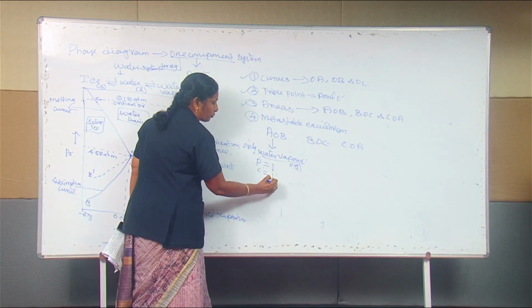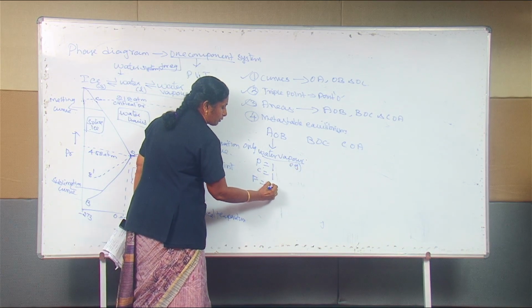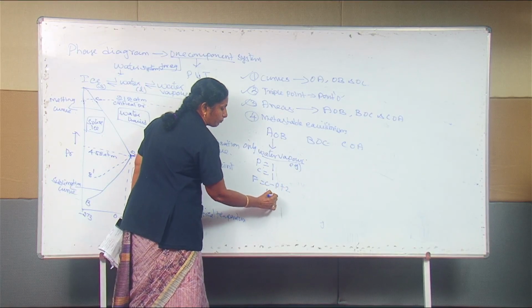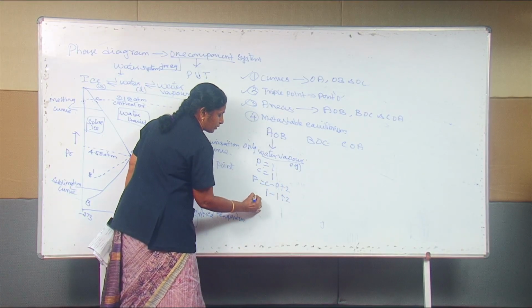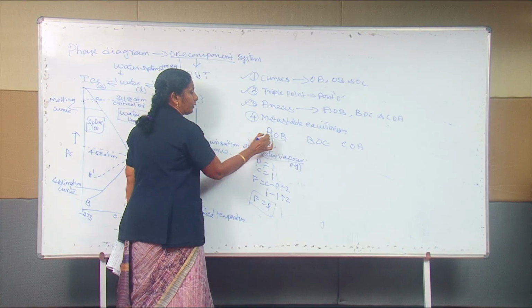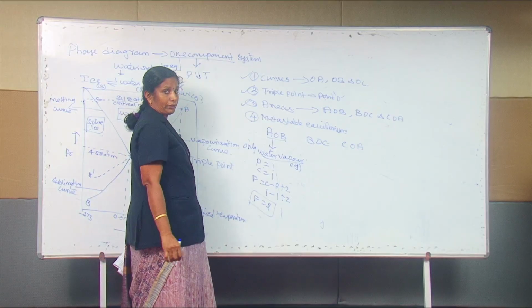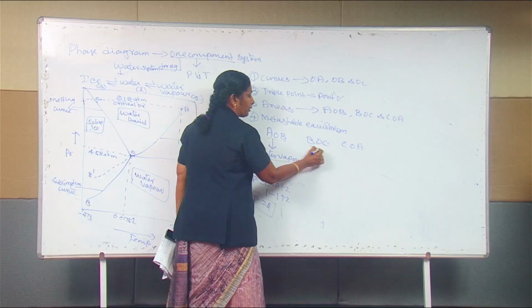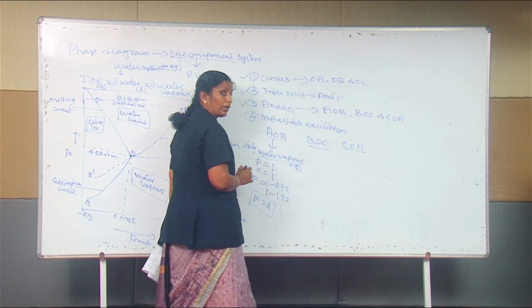So P is equal to 1, C is equal to 1, and F is equal to C minus P plus 2. Substituting, 1 minus 1 plus 2, F is equal to 2. At the area AOB, the degree of freedom is 2, that is, bivariant. In the same way, we take the BOC area and the COA area.